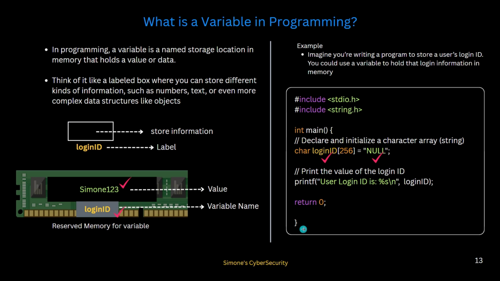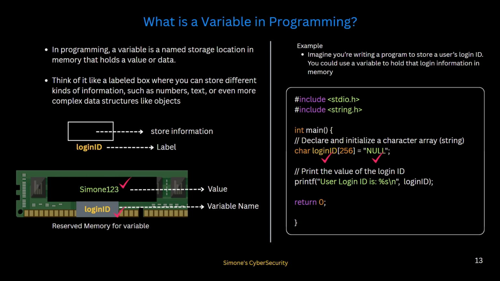Because the memory space assigned to that variable might still hold old junk data from previous tasks. So if we don't clean it first, unexpected values could be used or leaked later. So now when a real user logs in and enters his user ID like Simon123, that placeholder null gets safely overwritten with the new input that the user has provided.